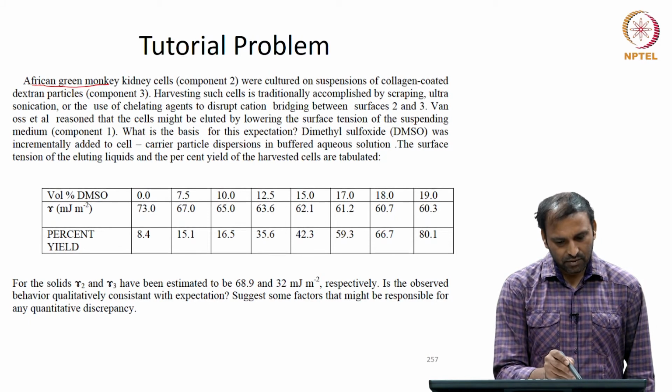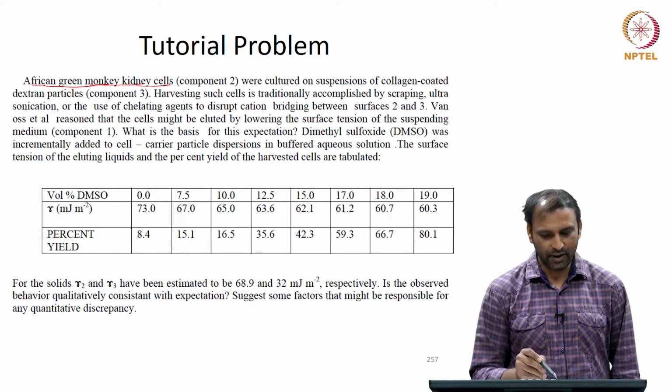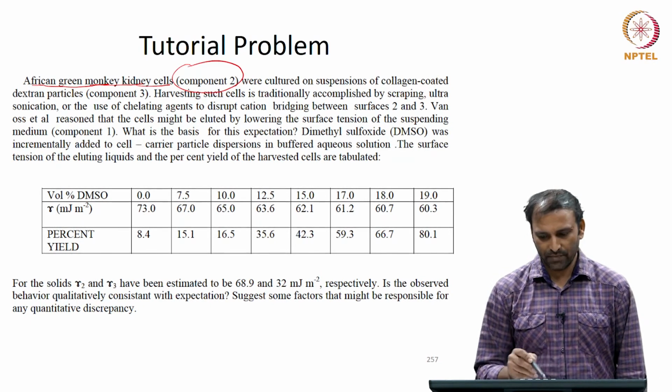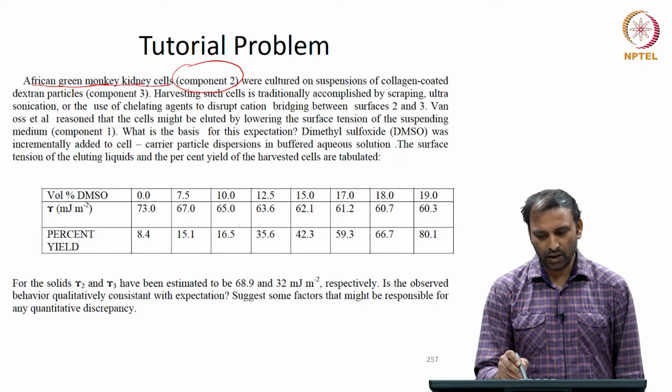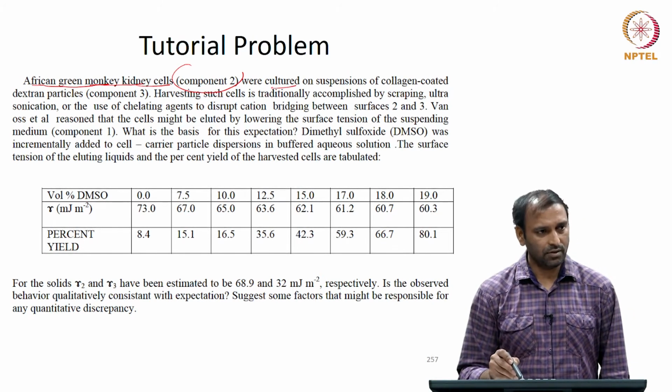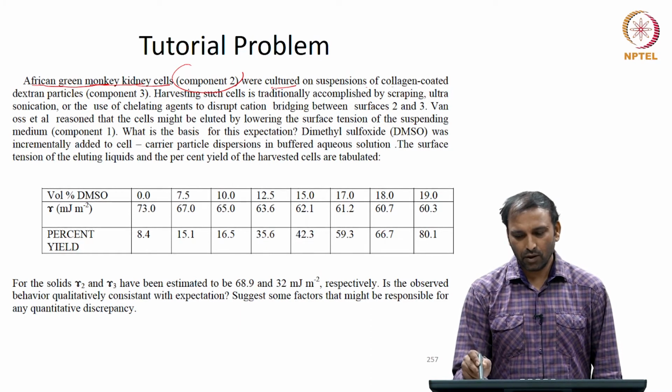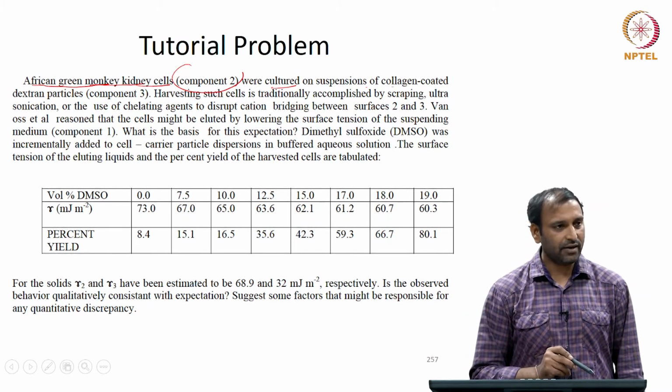African green monkey kidney cells, you can think about that as component 2, were cultured on a suspension of collagen coated dextrin particles.